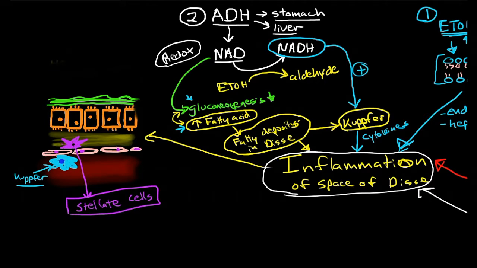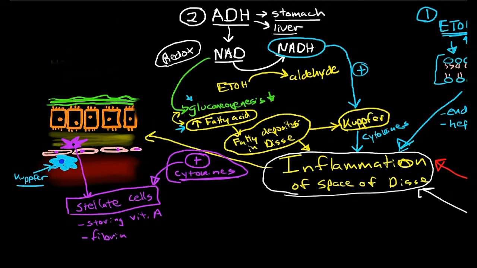Stellate cells usually live a boring life of storing vitamin A. But cytokines cause the stellate cells to be transformed from boring vitamin A storing cells to hyperactive fibrin depositing cells. And so we end up with fibrin deposition within the space of Disse. Actually, the stellate cells do even more than just deposit fibrin.